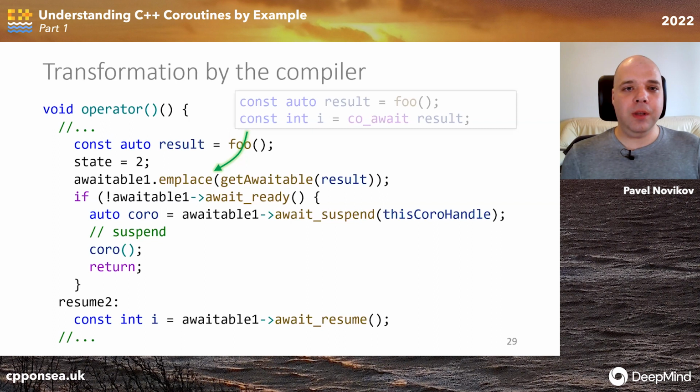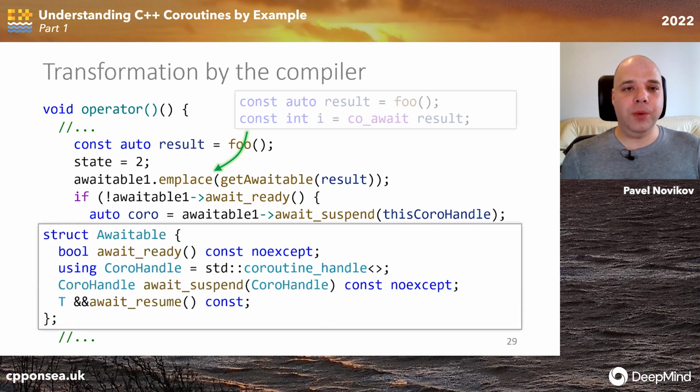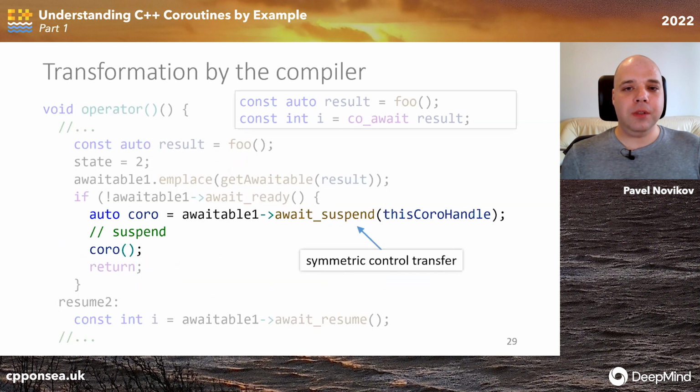We place again an awaitable. In this case, it looks like this. It uses so-called symmetric control transfer. So the await suspend returns a coroutine handle and receives the coroutine handle. And the compiler basically suspends the current coroutine and immediately resumes the coroutine that we get from the await suspend call.